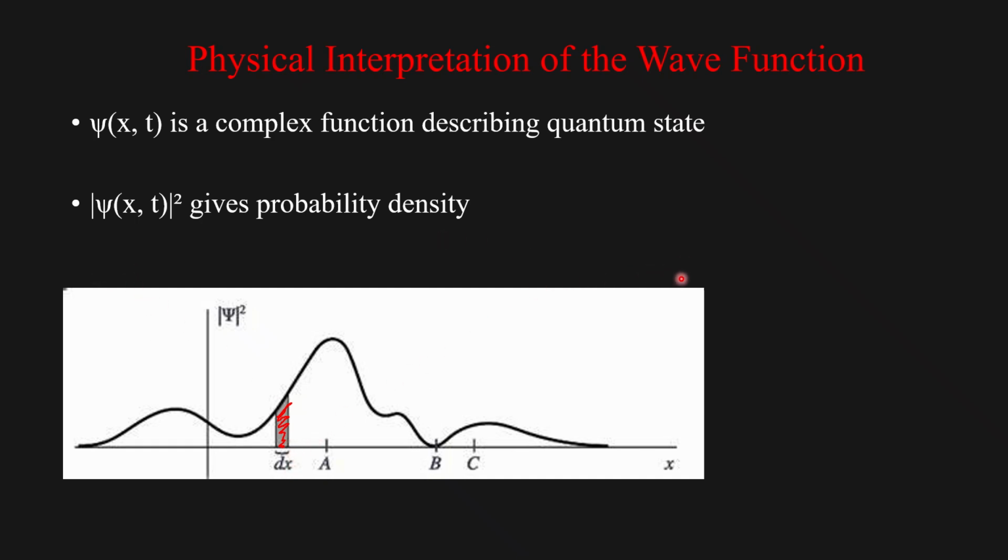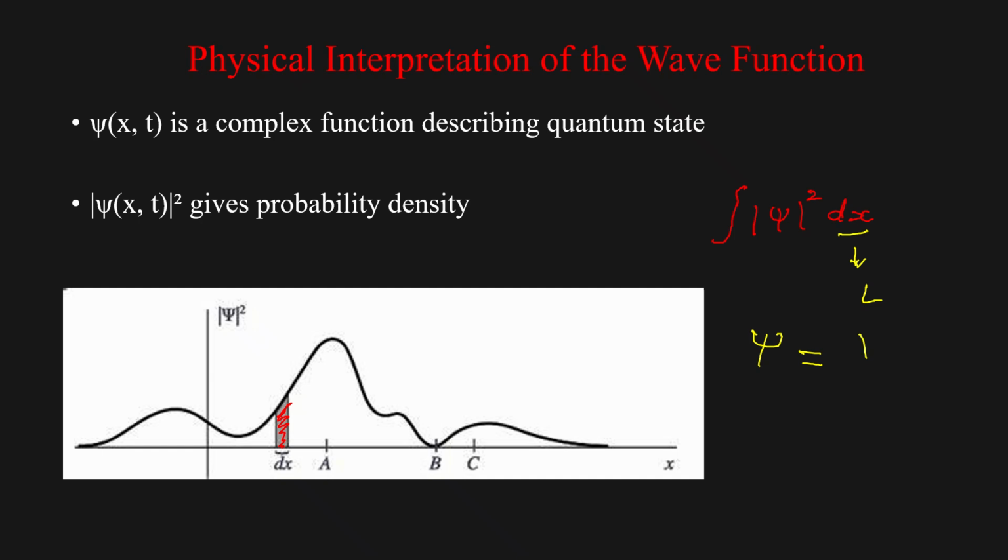In order to find the probability, we have to integrate modulus psi squared with respect to dx. So x has the dimension of length. This is L. So naturally, what is the dimension of psi?